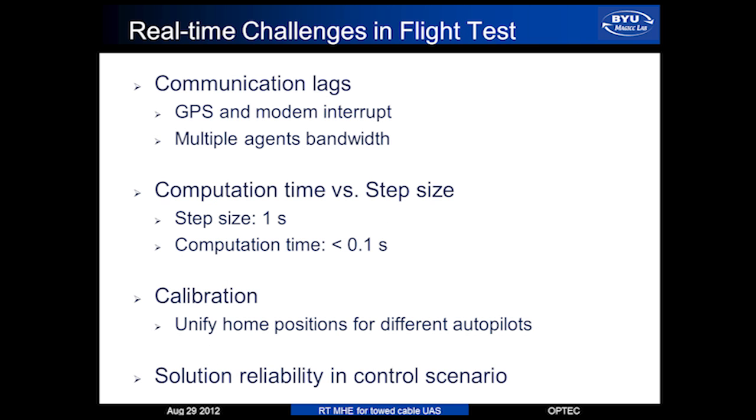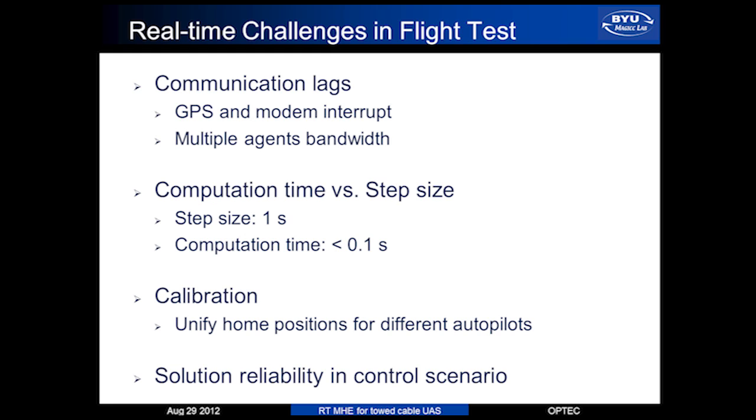First, we want to implement this moving horizon estimation in the real flight test. There are some challenges in this real-time application. First is the communication lags: GPS talking to the ground station and also the modem.